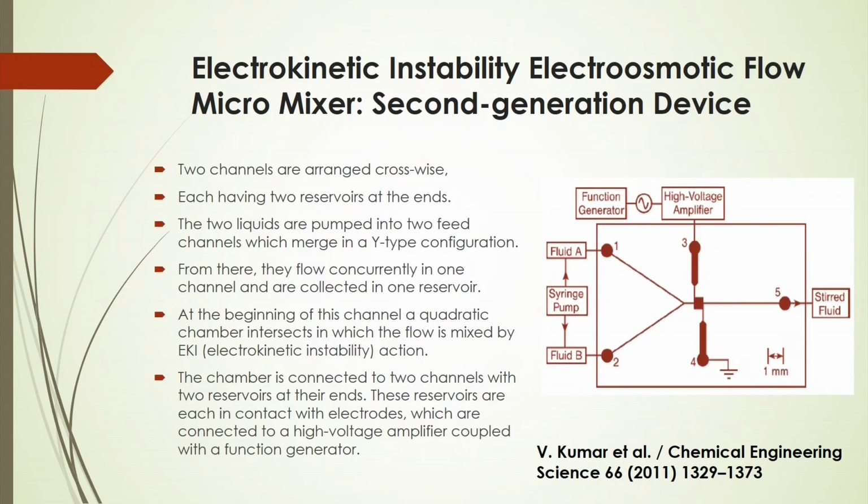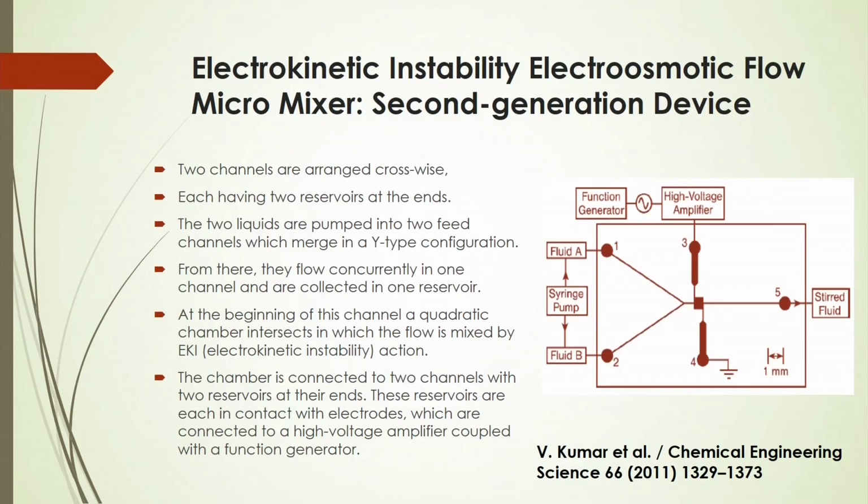The electrokinetic instability electroosmotic flow micromixer can also be enhanced. In this case, two channels are arranged crosswise, each having two reservoirs at the ends, as shown in the figure according to Kumar et al. 2011. The two liquids are pumped into two feed channels which merge in a Y-type configuration, and from there they flow co-currently in one channel and are collected in one reservoir.